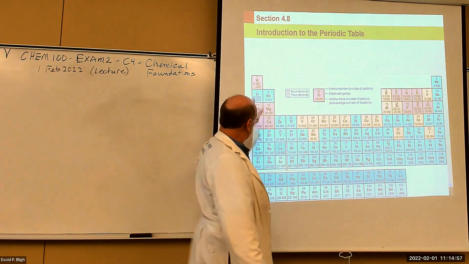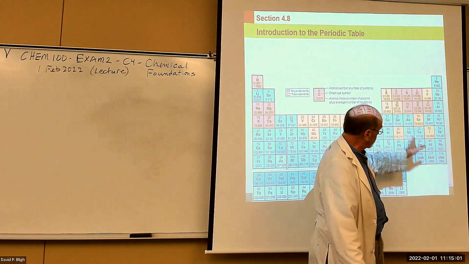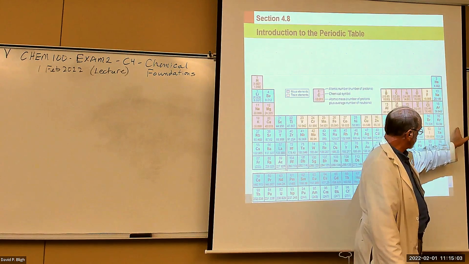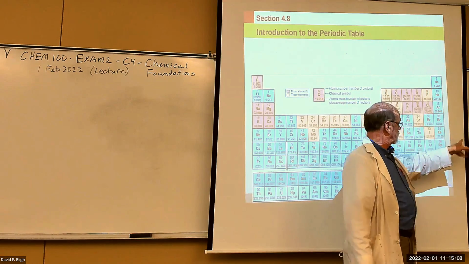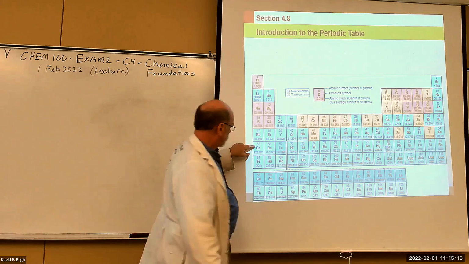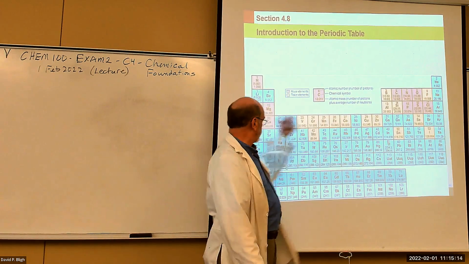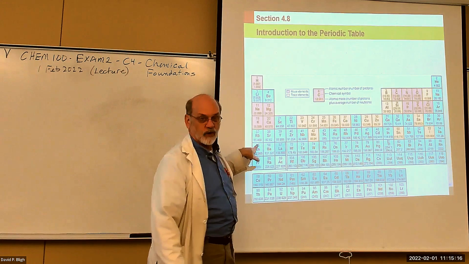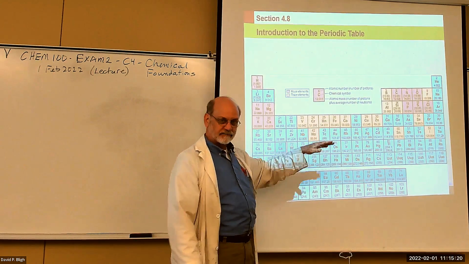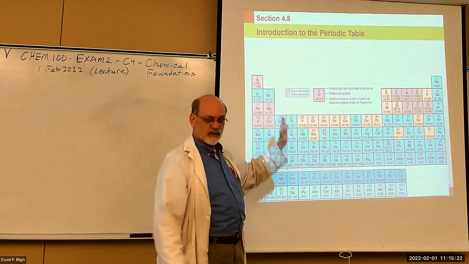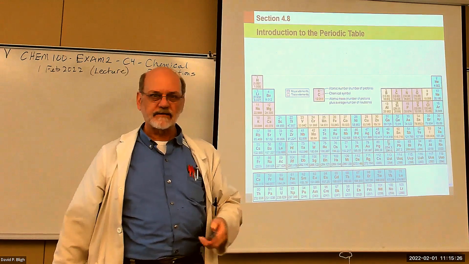You go down here, these elements are like the ones in the family in a group above them, but when you get down here, if you go to the next one, 55, there's nothing out here, right? But if you go back over here, it turns out this one behaves like those guys. So we go through a period and then we double back because this one is more like those. So that's what the period is, from left to right. And the groups are vertical because they have similar chemical and physical characteristics.